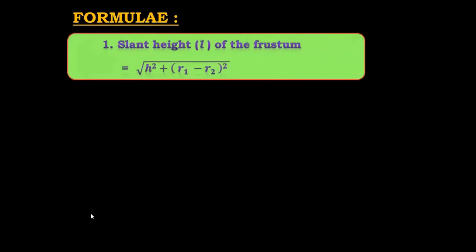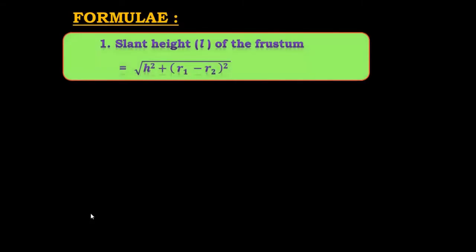See, instead of r, now in the frustum of a cone there are two circular faces. That means there is only a change in r. The remaining formula will remain the same. So you will have slant height for the frustum of a cone equal to root of h square plus (r1 minus r2) the whole square.